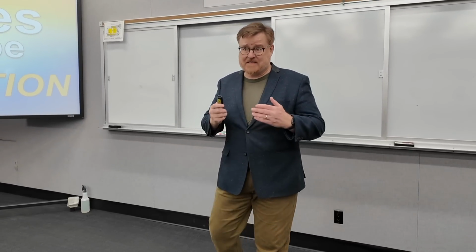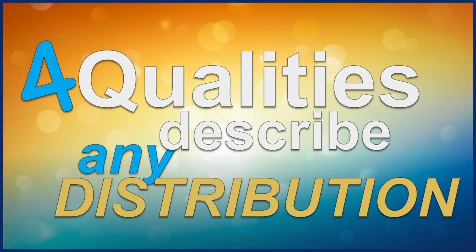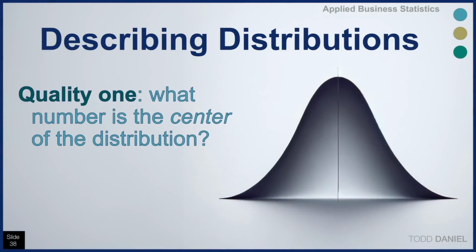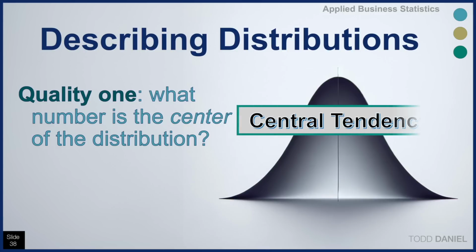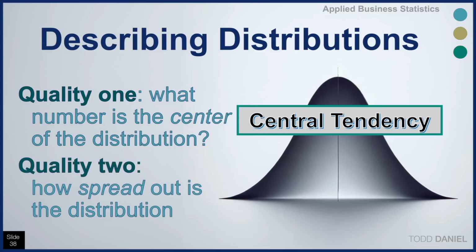Well, the answer is 5 feet 10 inches. What does that mean? It means that if we have a normal distribution, most are going to be around that 5 foot 10 inch average. There'll be some that are taller, some that are shorter, but most of them will be around that average height.